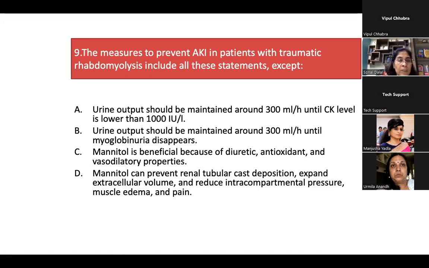Option C, mannitol is beneficial because of diuretic, antioxidant, and vasodilator property. And option D, mannitol can prevent renal tubular cast deposition, expand extracellular volume, and reduce extra compartment pressure, muscle edema, and pain. Measures to prevent AKI. Your time starts now.